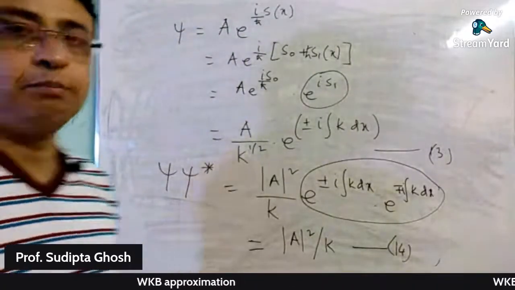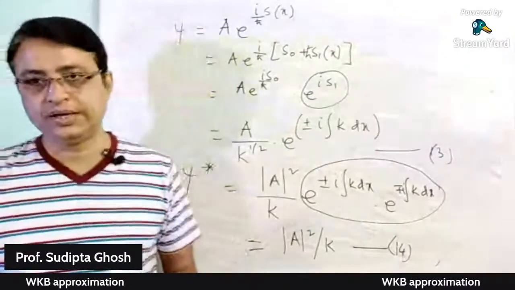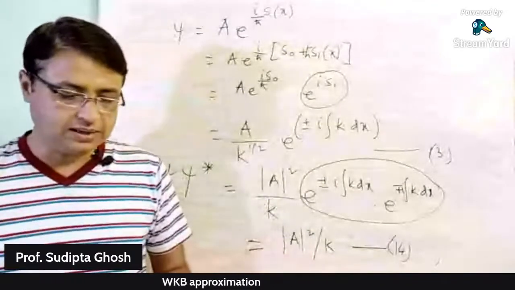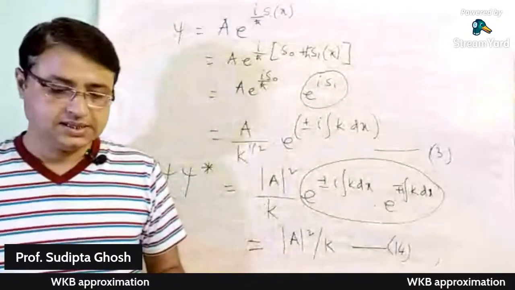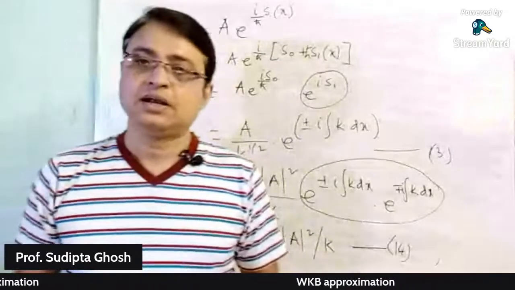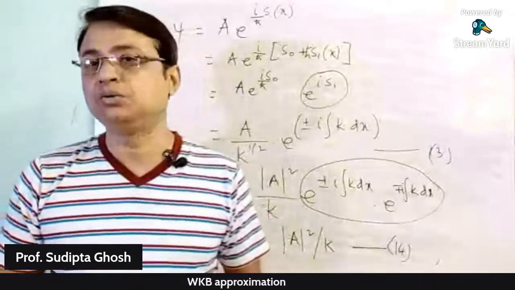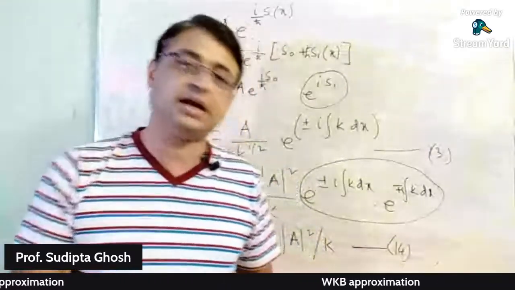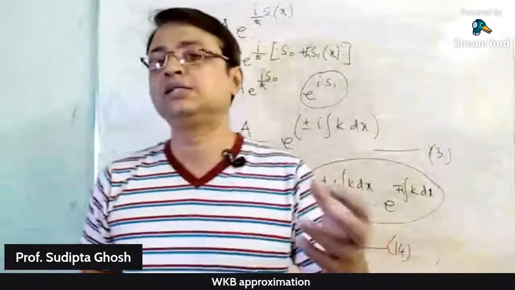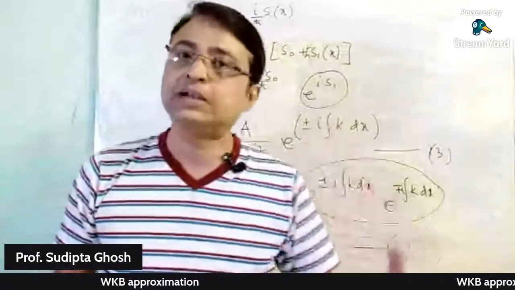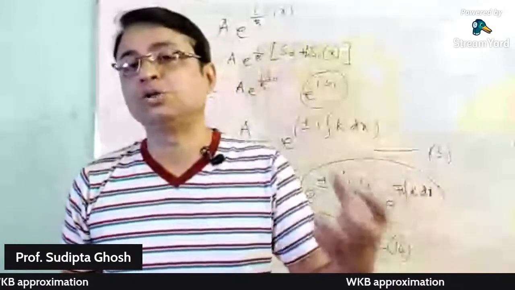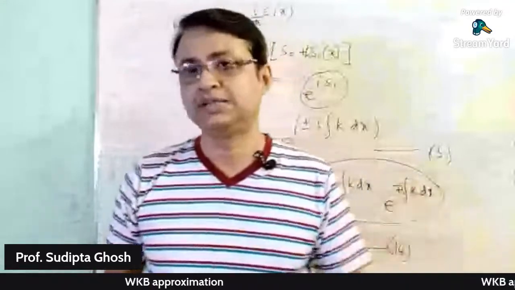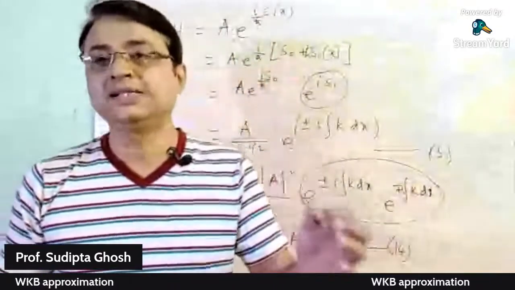Now here comes the theoretical aspect of this approximation: in quantum mechanics, particles can even penetrate classically disallowed regions. That means in classical mechanics, where the particles do not enter, in quantum mechanics these particles can also enter those regions, and therefore we have to consider the case E less than V(x).